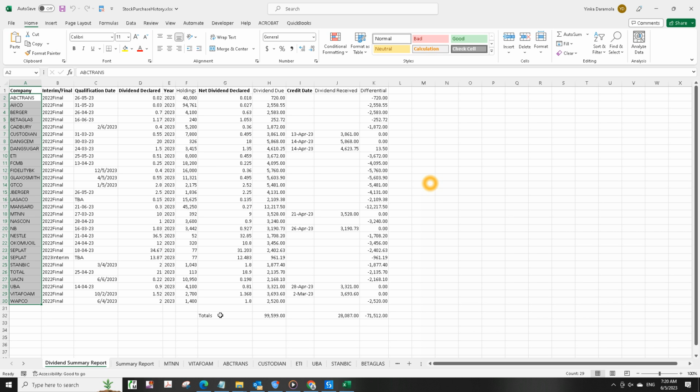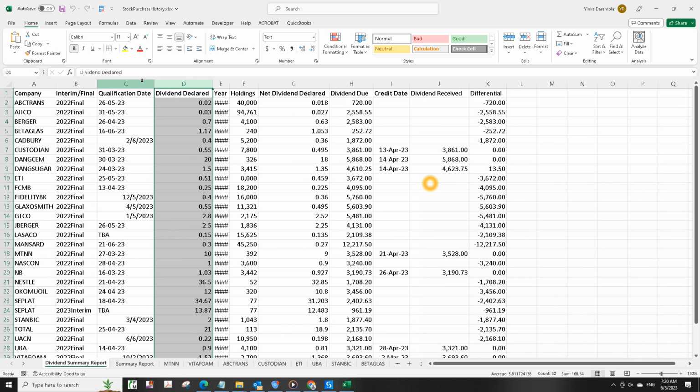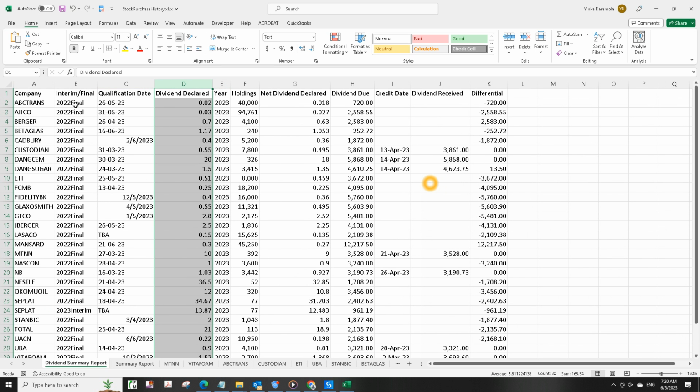But it's only preparing the ones relevant to this portfolio. So it goes ahead and extracts how much is due. If I can make this a little bigger, right? And then it calculates net dividend, how much were you holding on that day, what is due to you, and it also went through the bank statements.